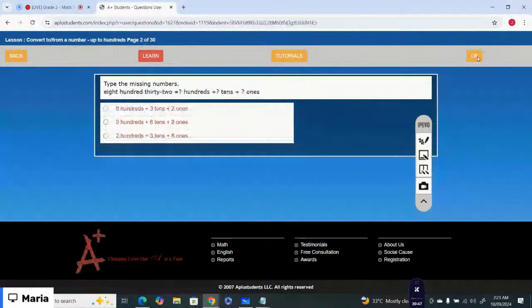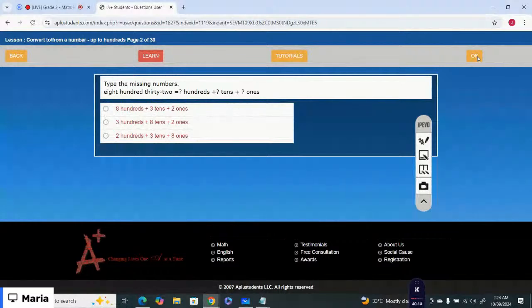Type the missing number 832. That is 8 hundreds.